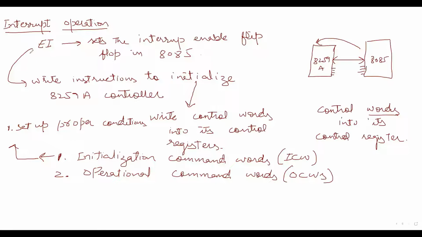For example, since we have 8 interrupts, it is able to enable 8 interrupts. It can set up conditions, for example, whether those interrupts are edge triggered or level triggered. Likewise, whether there is an interval of 8 or 4 between two interrupt requests, a distance of 4 locations or a distance of 8 locations.